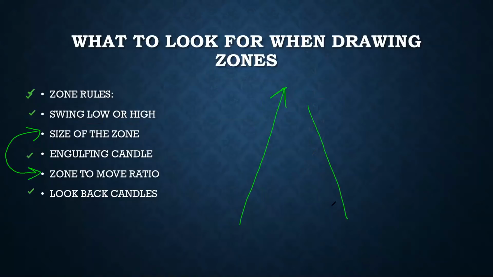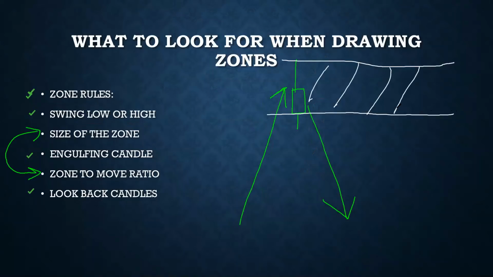Price comes, drops down. Okay. So there's a zone here, and we draw the zone with white. Okay, there we go. Let me use yellow.